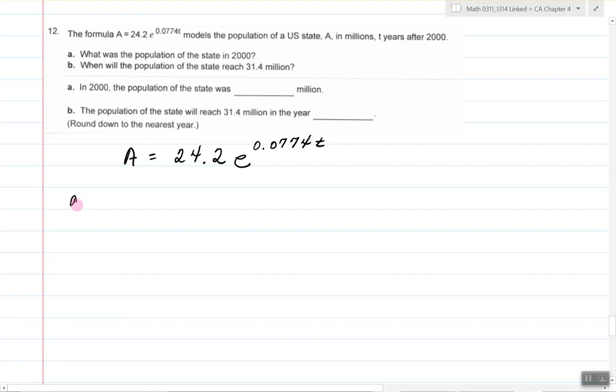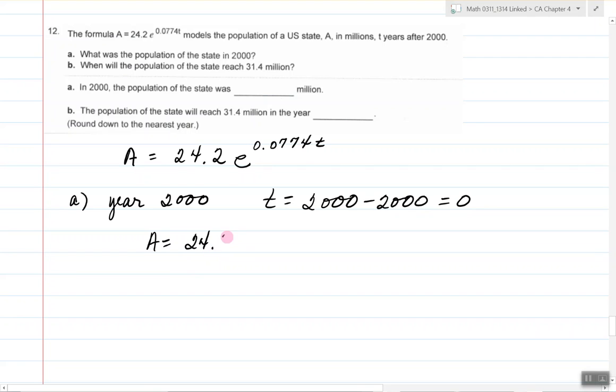So part A, if the year is 2000, then t is 2000 minus 2000, which is 0. It is 0 years after 2000. So A is equal to 24.2 e to the 0.0774 times 0.